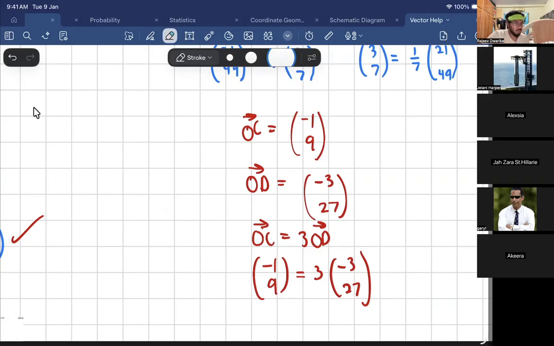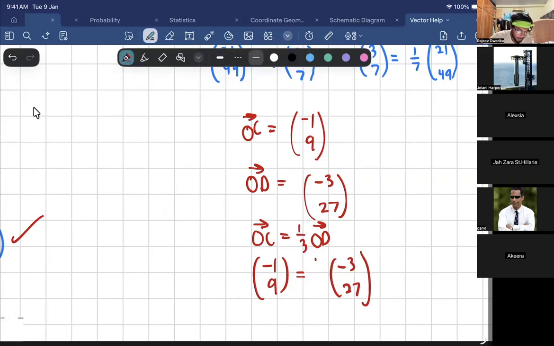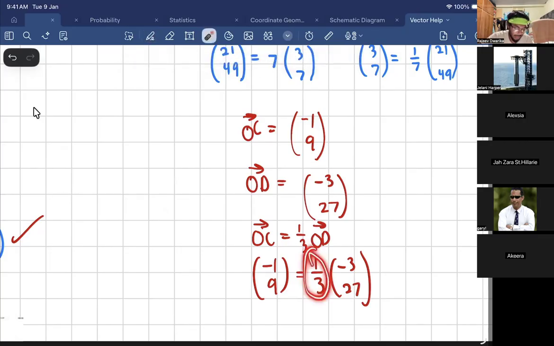So the 1/3 is the correct move to make. So you could say OC is 1/3 of OD, because a third of minus 3 gives me minus 1. A third of 27 gives me 9.